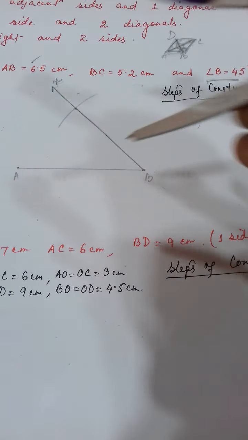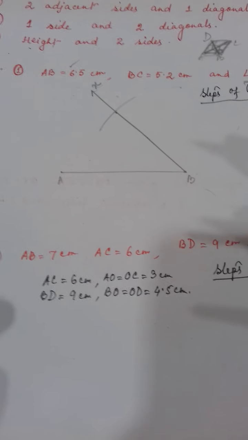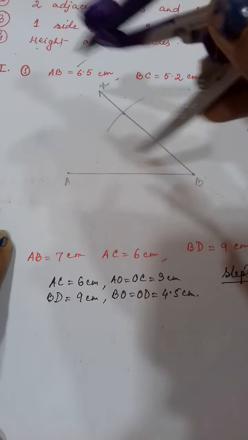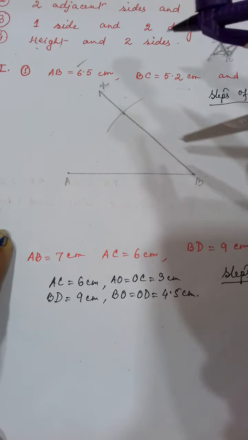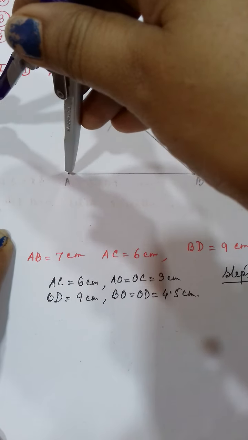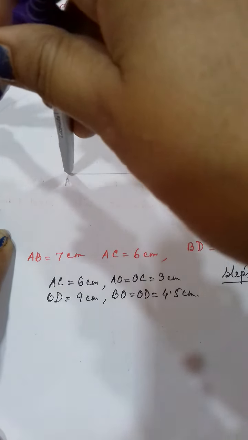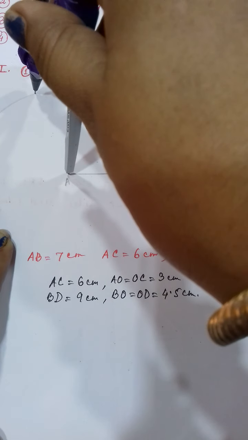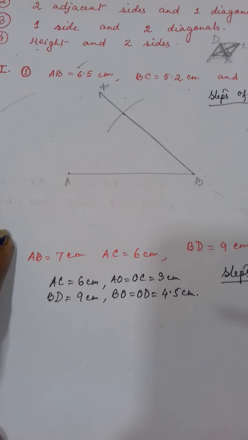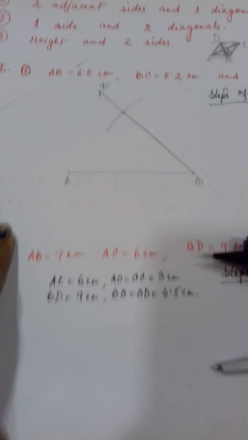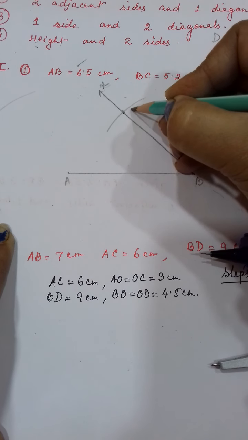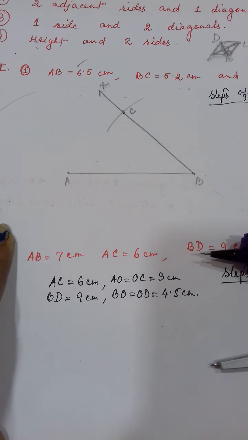And as it is a parallelogram, its opposite sides are equal and parallel. So with this BC measurement, with A as the center, with the same measurement, you will draw another arc. Clear or not? Because in a parallelogram, opposite sides are equal and parallel. Clear? Now this point you have got is the C point. Got it?